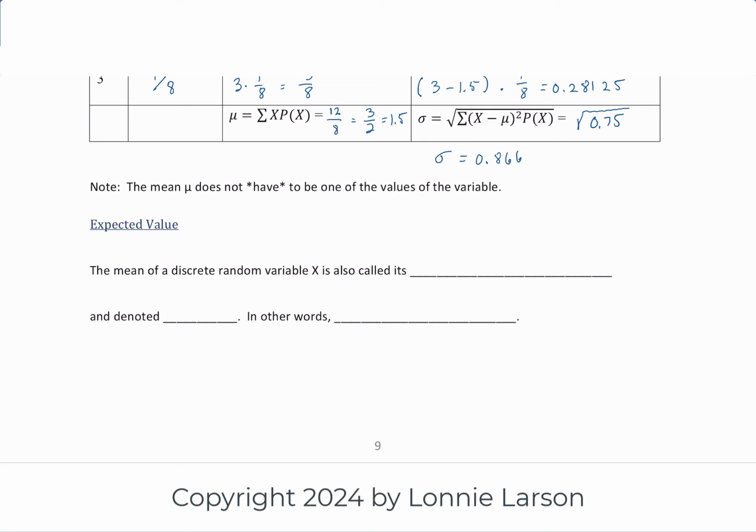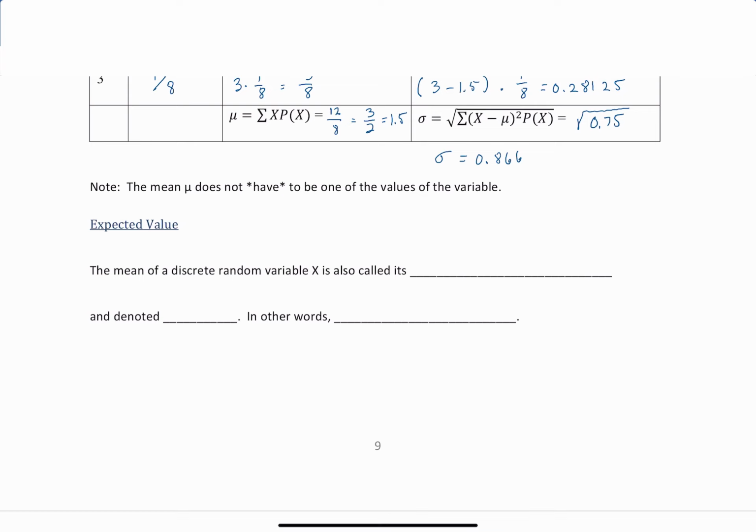There's actually another name for the mean of a random variable, and that is called its expected value. The way expected value is denoted is with a capital E and then the name of the random variable in parentheses.